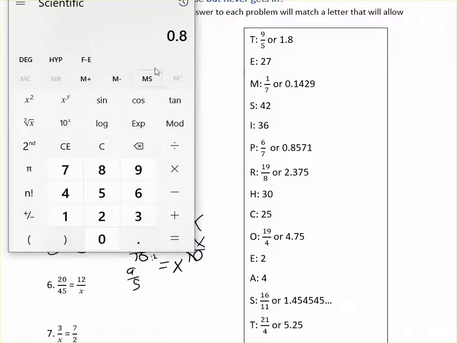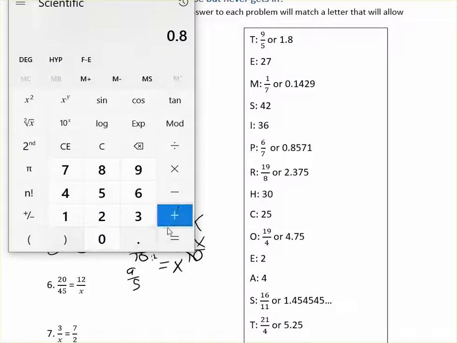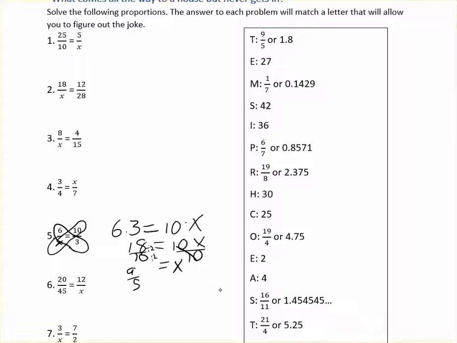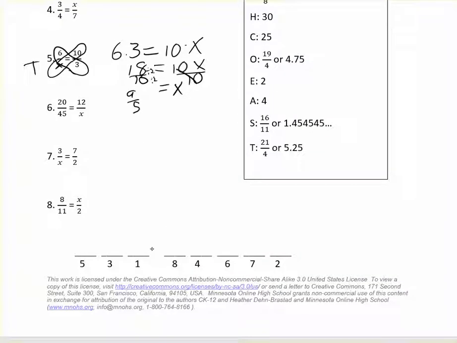And I got, oops, I must have hit the wrong button. It should be greater than 1. 18, I bet I did 8, divided by 10. 1.8. And that matches, either one of those answers match letter T. So for 5, I would go down and put T here.